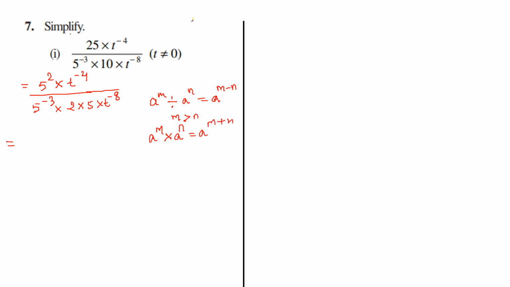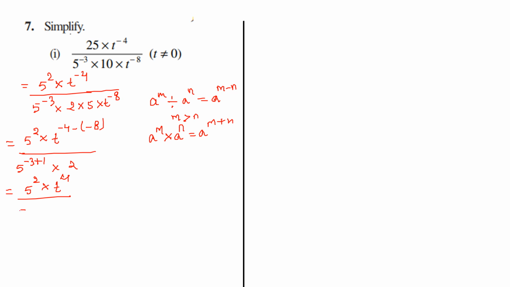So from here I can write 5 square into t to the power minus 4 minus of minus 8, divided by 5 to the power minus 3 plus 1 into 2. So what will it become? 5 square into t to the power minus 4 minus and minus plus, so minus 4 plus 8 will give me 4.